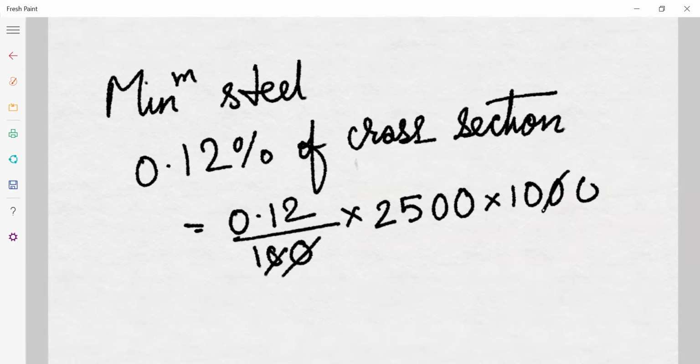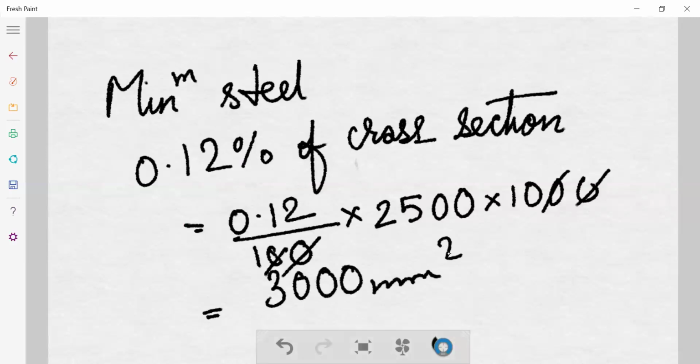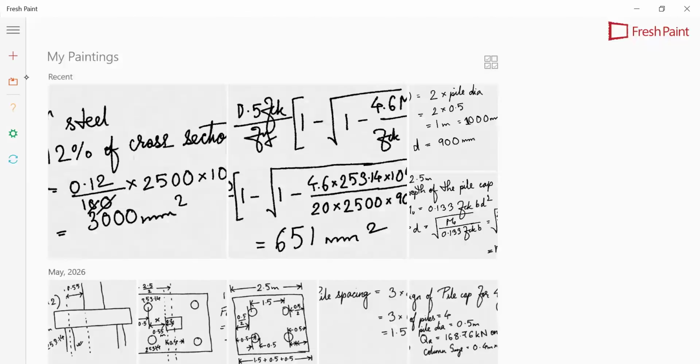So it's coming as 3000 mm square. This much we have to provide anyway.